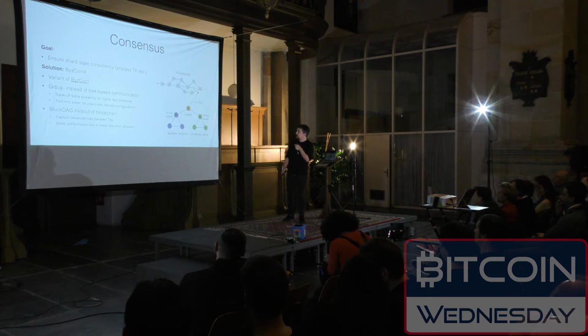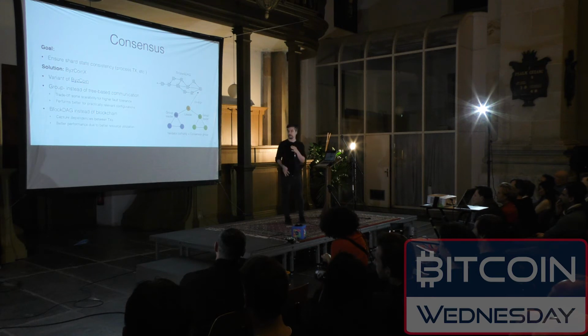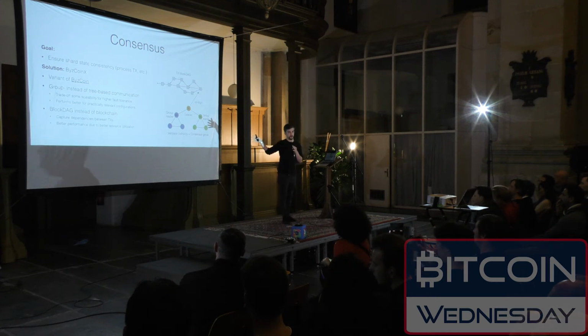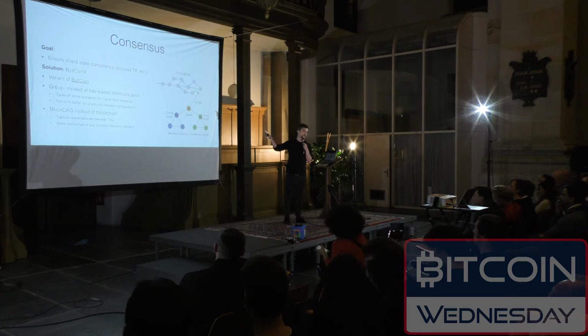The goal of the consensus mechanism is, of course, to ensure the shard consistency, to process the transactions and to extend the blockchain. And we use a protocol which is called ByzCoinX, which we came up with for this project, which is basically an extension of our previous ByzCoin protocol adapted to this use case.